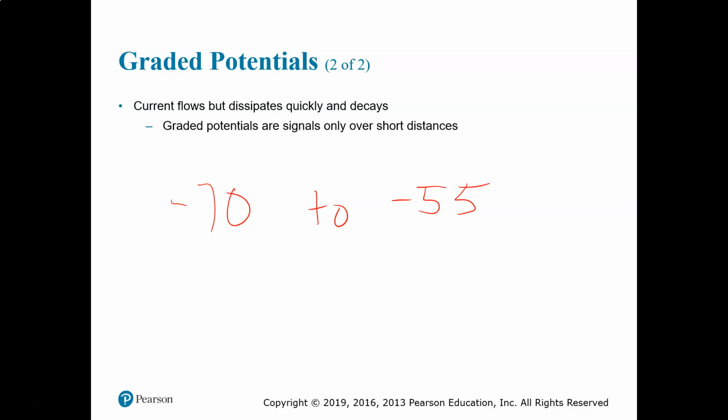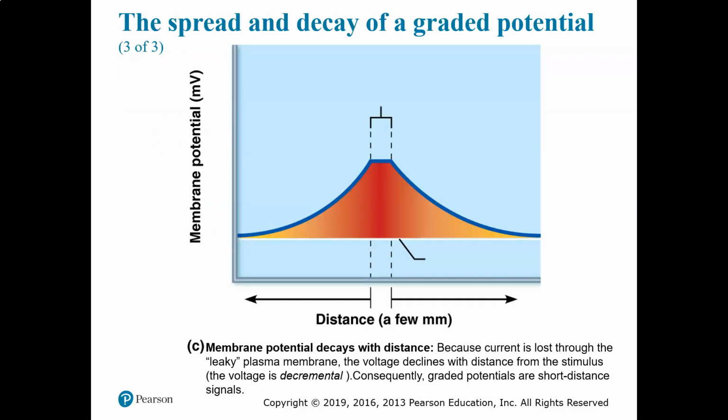So graded potentials have different values and they're over short distances. With distance, the membrane potential decays. The further the spread of the graded potential, the less strength it has.